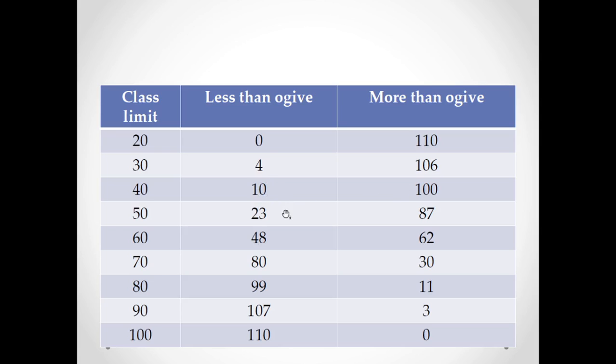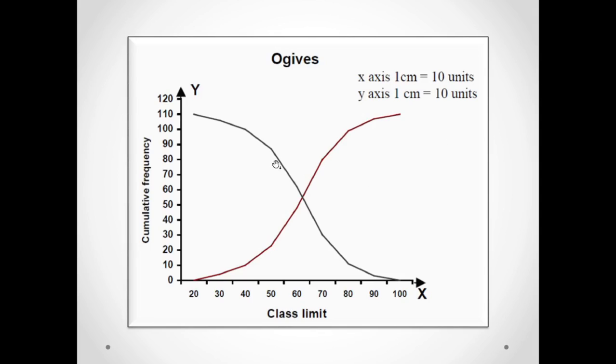For the greater than, we added from the back side. This is the construction of less than and greater than ogive curves. Here for 20, 0. Next is 23, like that. This is the less than ogive. This is the greater than ogive. The intersecting point, projected on the x-axis, gives us the median.